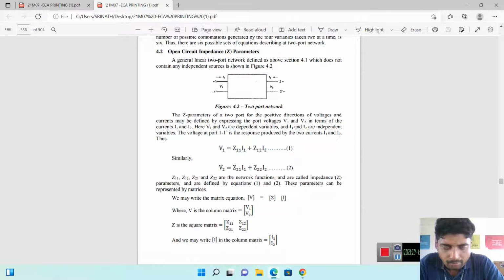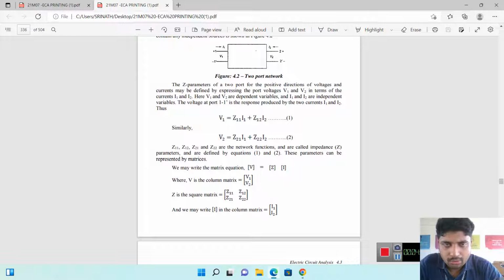Yes, these two equations form the matrix equation. We all know what a matrix is: V equals Z into I. Z represents the impedance and I represents the current entering or leaving the network. Now we form a column matrix, considering V1 and V2, and Z is a square matrix of Z11, Z12, Z21, Z22.